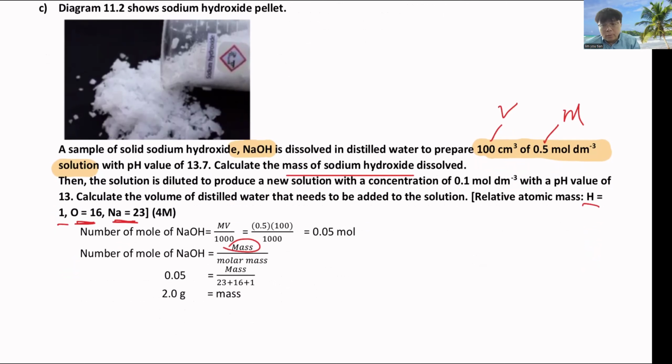You get the number, 2 gram. So this one is quite okay. But this calculation is only worth 2 marks because you calculate how many moles based on MV over 1000, then you convert it into gram. So in order to prepare this chemical, you have to measure 2 gram of chemical, then add into 100 cm³ of water.